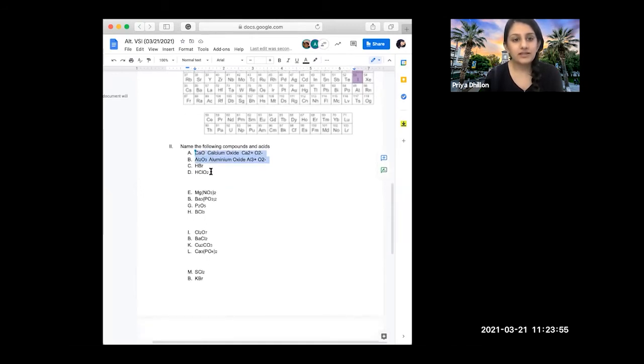But these two, yeah, no problem. So these two are actually your acids. So this is something that you have to memorize. If you don't have it memorized yet, I just want you guys to look at your notes and see which strong acids and strong bases there are.